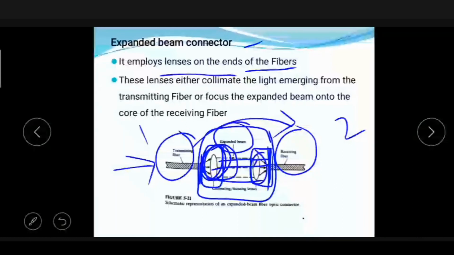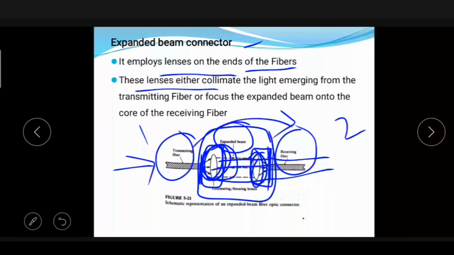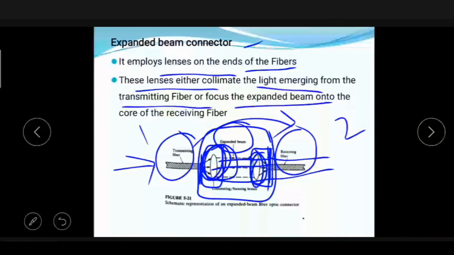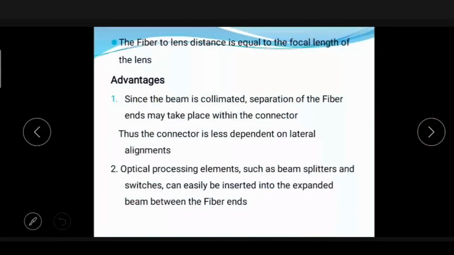The receiver will also have a lens, which is going to receive the light and couple it into the receiving fiber. So you can see that these lenses either collimate the light emerging from the transmitting fiber or focus the expanded beam onto the core of the receiving fiber. So that is about three types of connectors and the requirements of a good connector.